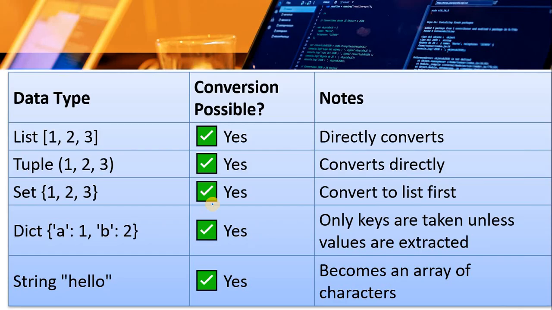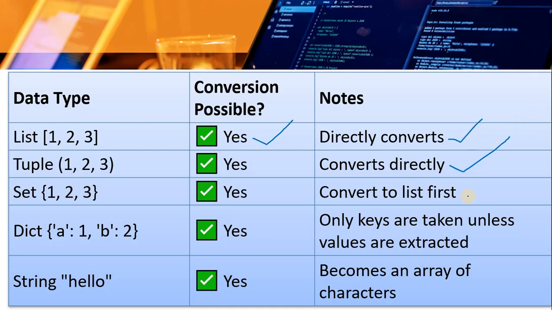Let me tell you some more important points about this conversion. If you want to convert a list to array type, that is valid, we can convert it directly. We can convert a list into array type, and we have seen already we can convert a tuple to array type also. But if you want to convert a set to array, you cannot convert into array type directly.